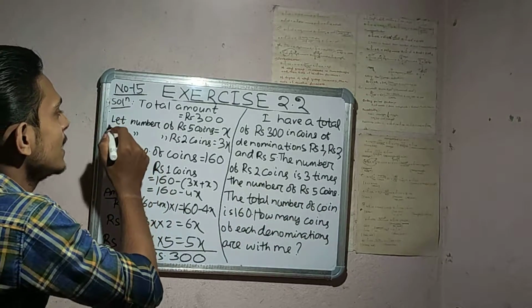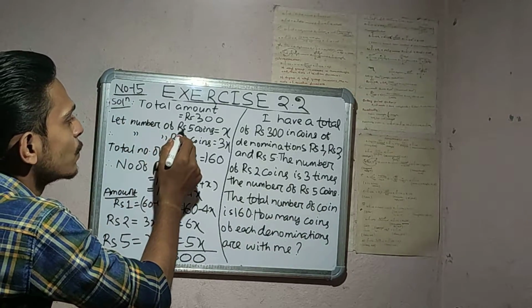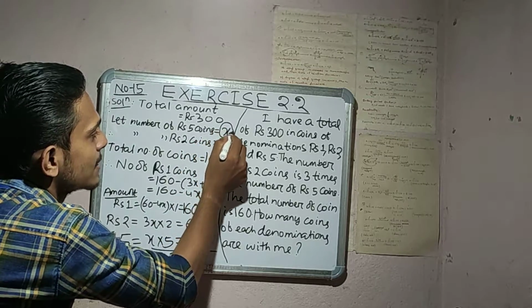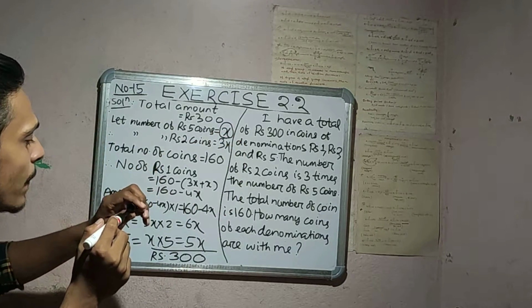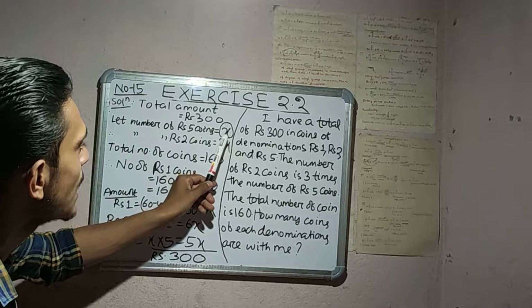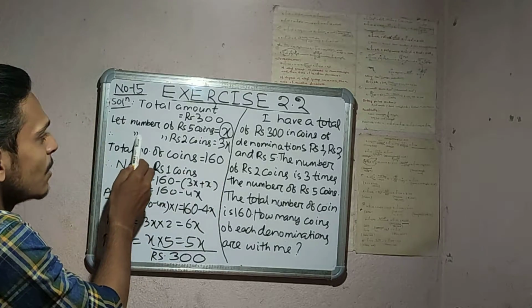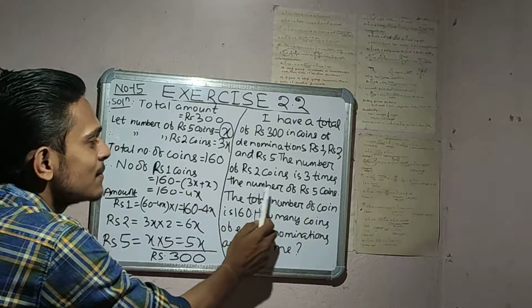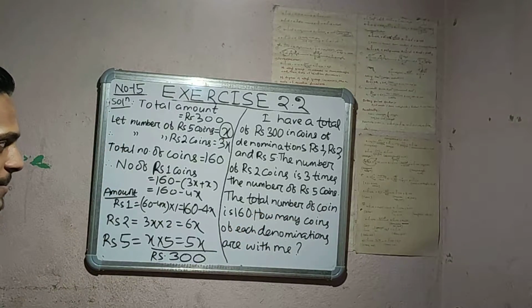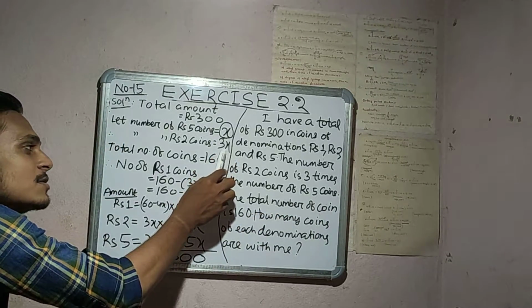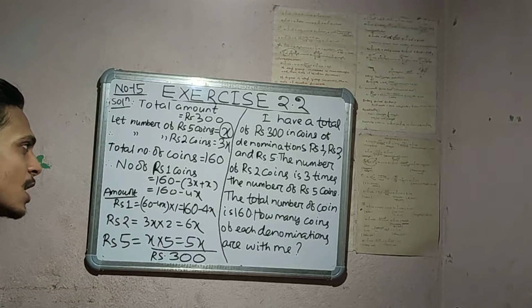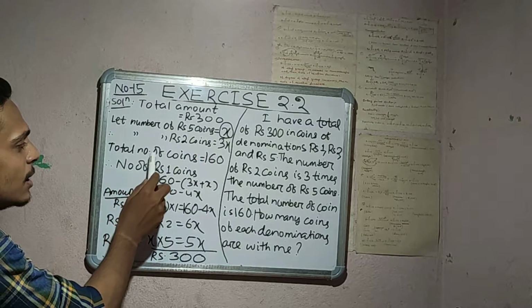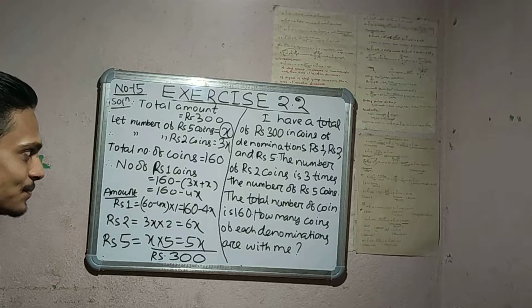So I have taken the number of rupee 5 coins as x. What is the number of rupee 2 coins? That is 3x, because it is 3 times the number of 5 rupee coins. But it is given that the total number of coins is 160.